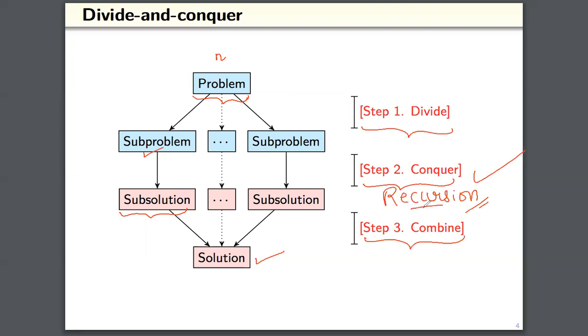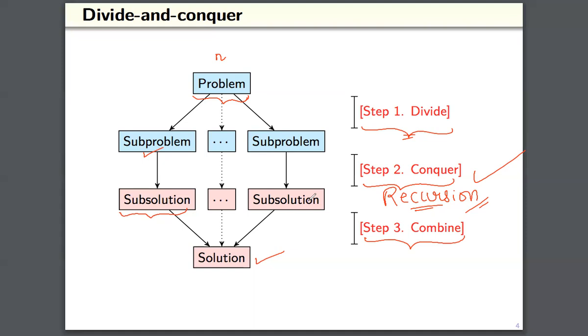Okay, this is simple. What about divide? Divide depends on the problem. For many problems, we are just splitting, say, an input array into 2 equal halves, the first half and the second half, where the divide is trivial. You can do it in constant time.